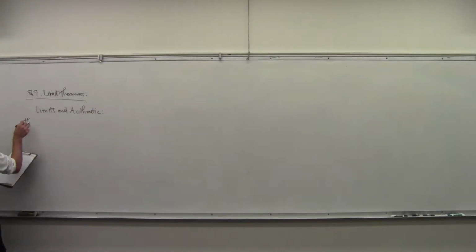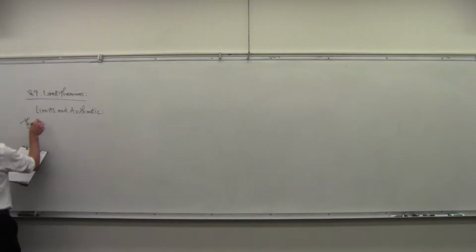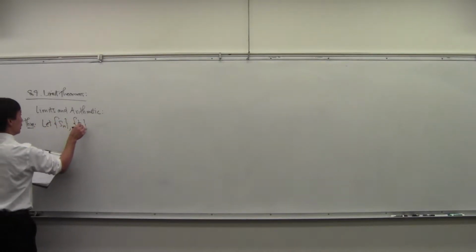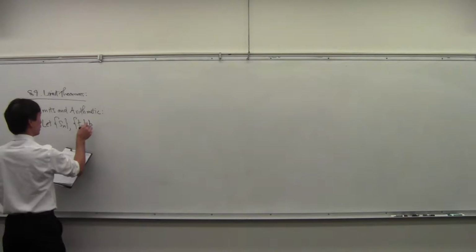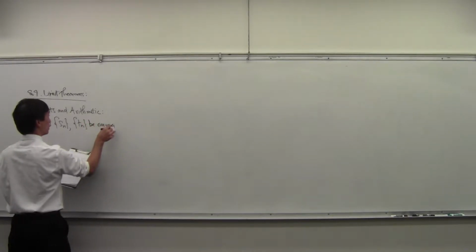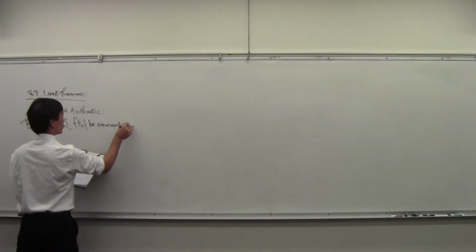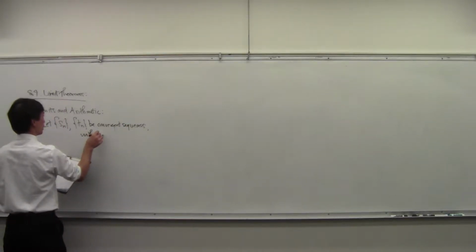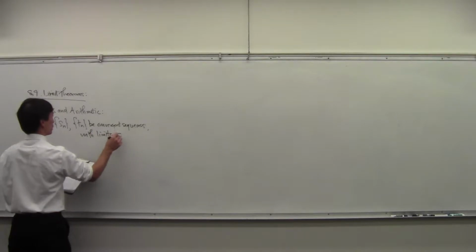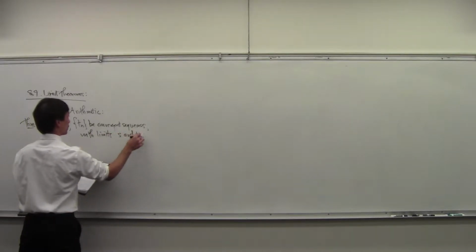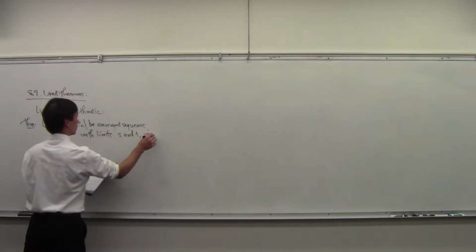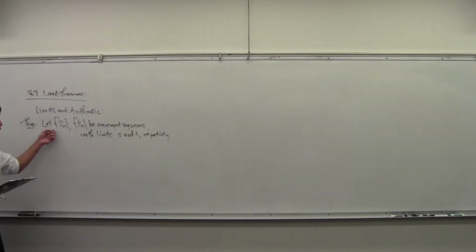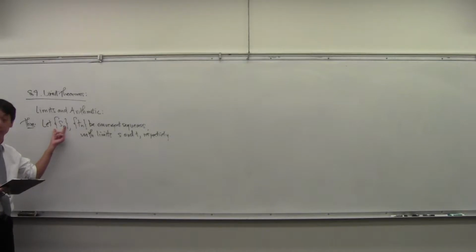And so it's the following theorem that says if you have two convergent sequences, suppose you have these two limits, and suppose you have these two sequences.